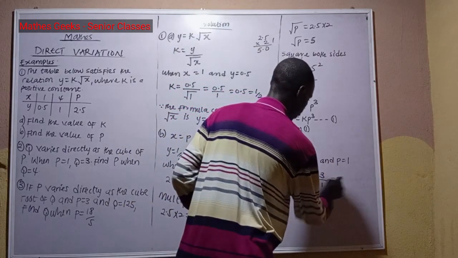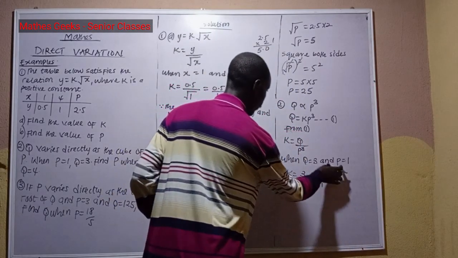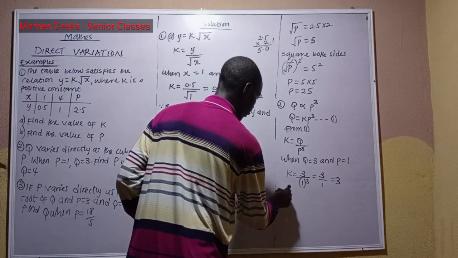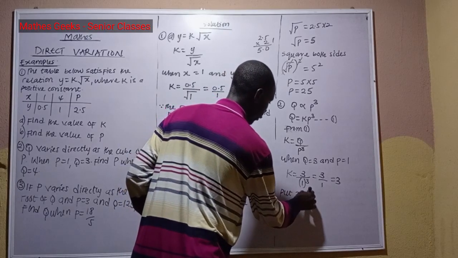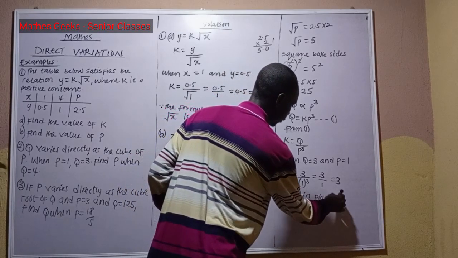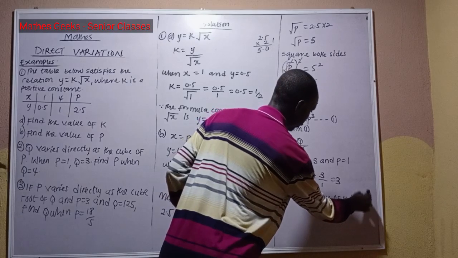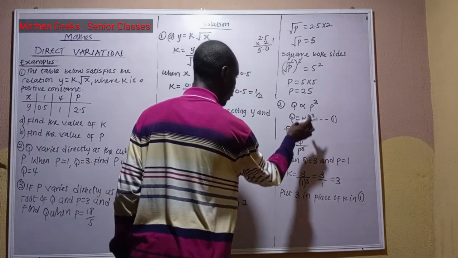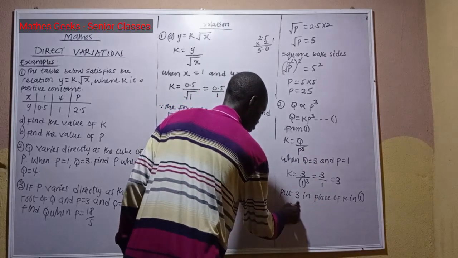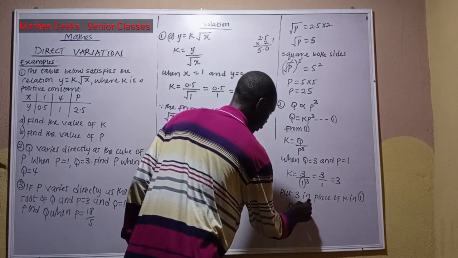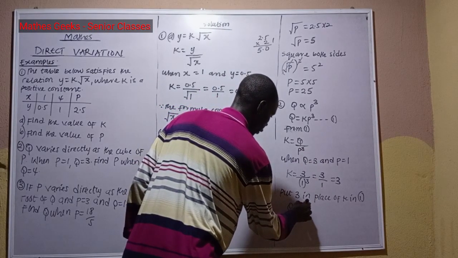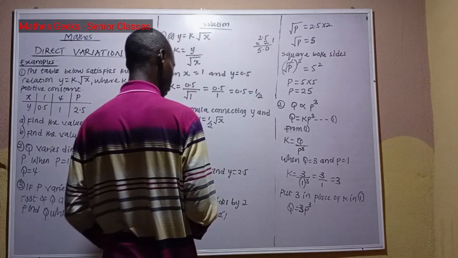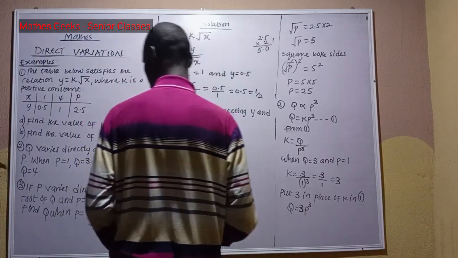So k is equal to 3. If you substitute this value, this 3, in place of k in equation 1, you're going to have q equals 3 p cubed. So that's the formula connecting q and p.